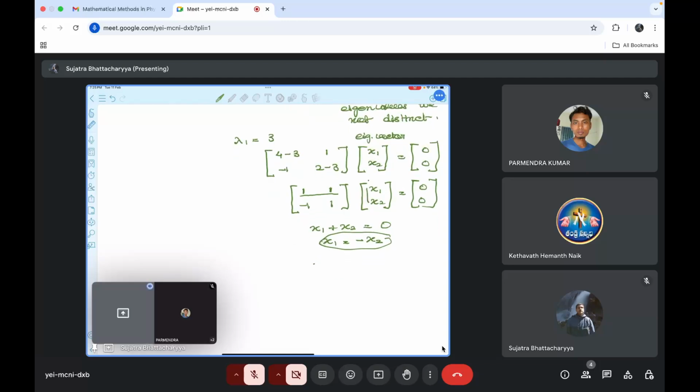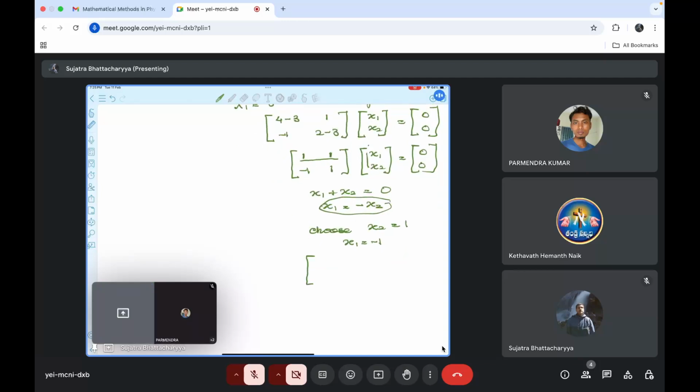So you choose x2 equals 1. So what will be x1? It will be minus 1. So in both cases, it will be something like this, right? This is the eigenvector corresponding to lambda 1 is equal to 3.